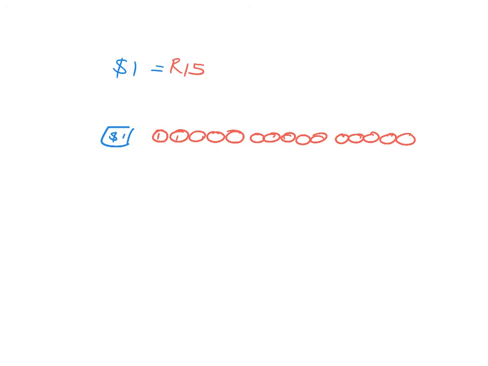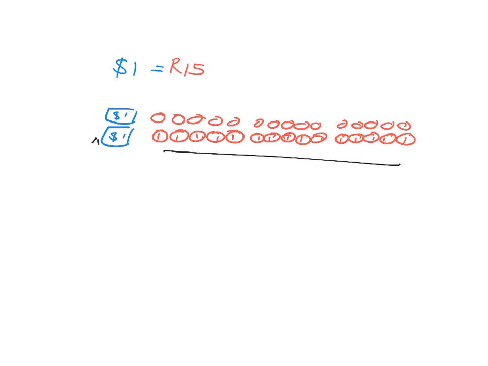So these are all my little 1 rand coins. If you give me $1, I've got to give you those 15. If you give me another $1, I've got to give you another 15. If you give me another $1 on top of that, I've got to give you another 15, and so on and so on. So hopefully you can quite easily see that for each dollar, you must have 15 times as many rands.